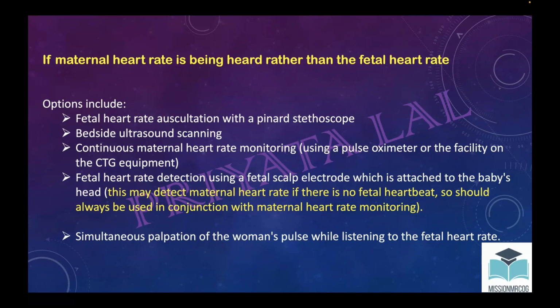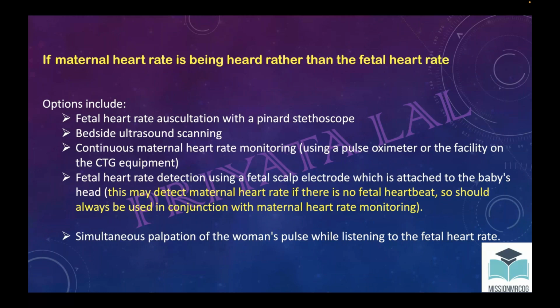Or palpation, which we do routinely when we are listening to the fetal heart. We palpate the patient's pulse and we listen to the fetal heart, and we are able to differentiate between them. Maternal pulse rate will usually be around 80 to 90, and the fetal heart, we already know, will be 140 plus.